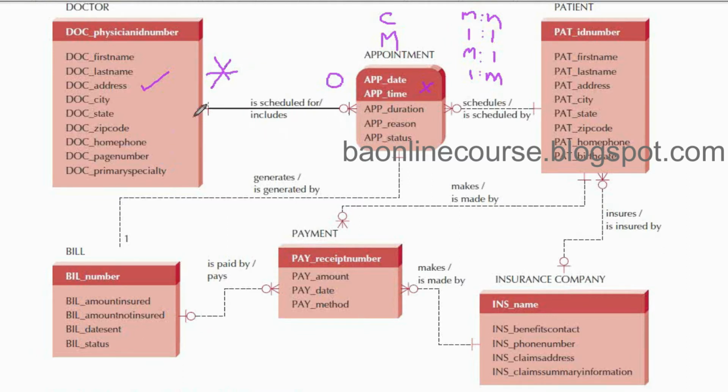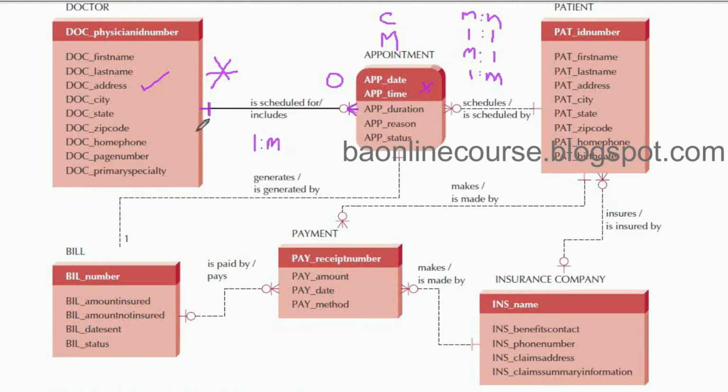If you look at this diagram, all these symbols here basically bring out the cardinality and modality. Simple rule for the cardinality: if there is one straight line connecting, it means this is one, and if there are three lines, it means many. So the cardinality here is 1 to n.